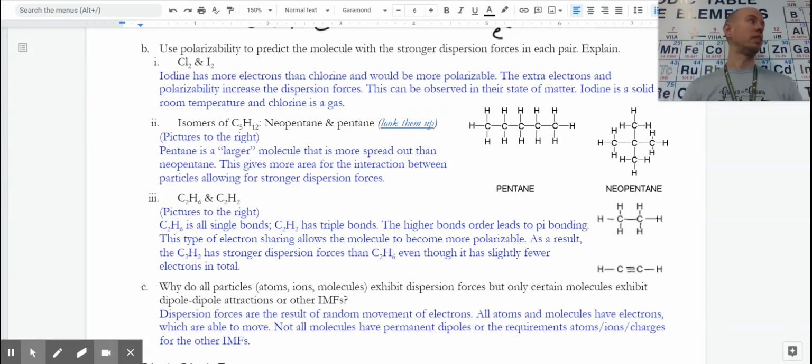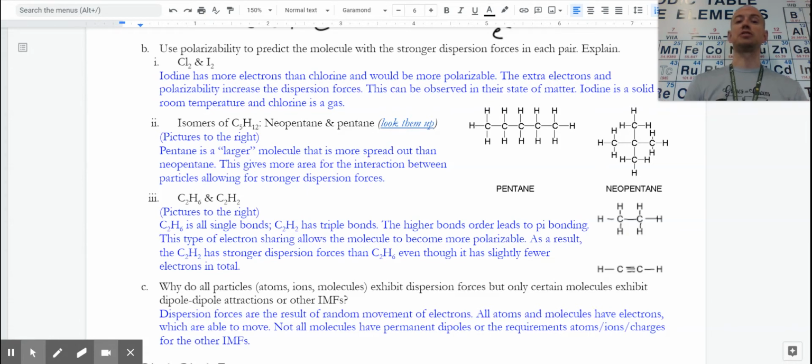Iodine has way more electrons. It has over 100 electrons compared to 30-something for the Cl2 molecule. That makes it more polarizable. That means that electron cloud, as it shifts back and forth, maybe randomly, can create a larger temporary dipole and induce a larger dipole on a neighboring molecule.